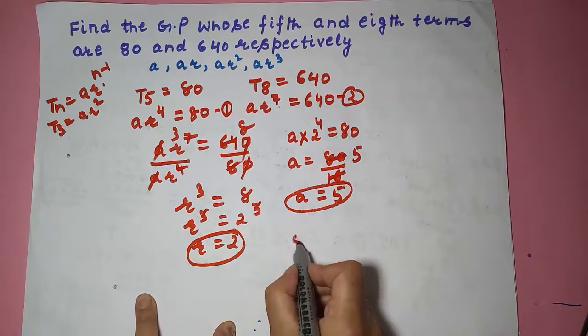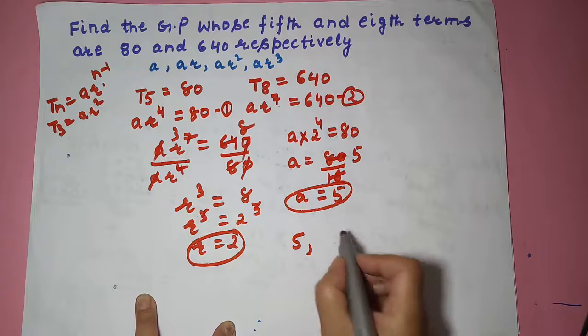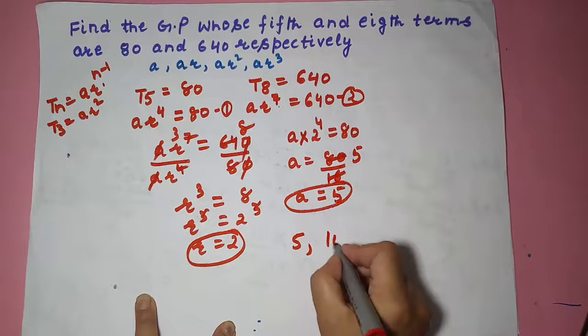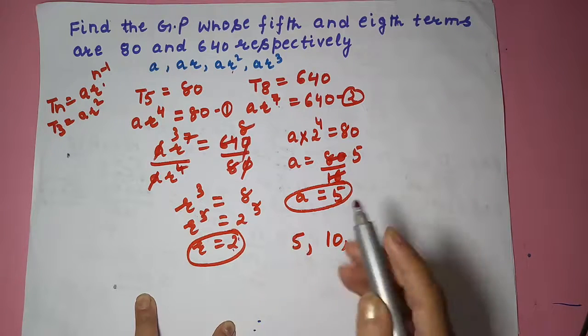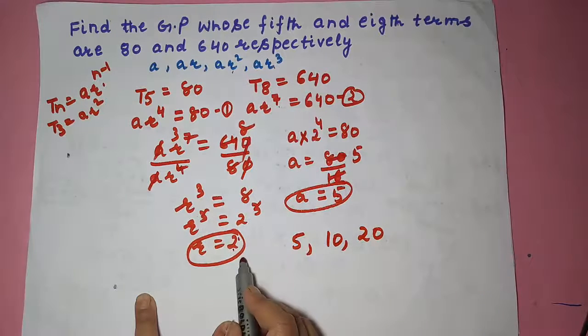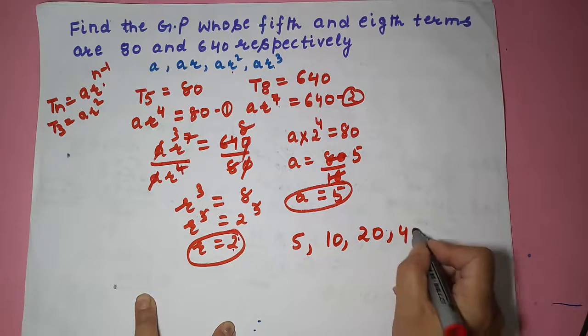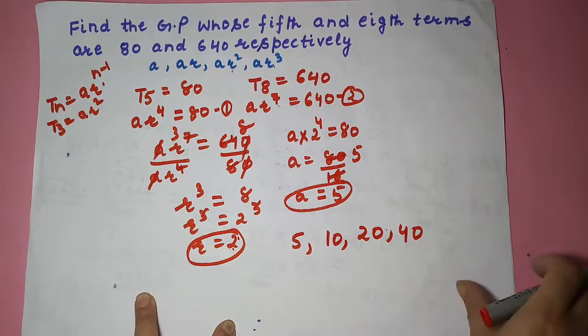First number is 5. Second is AR, that is 5 into 2, which is 10. Third is AR square, R square is 4, 4 fives are 20. AR cube, R cube is 8, 8 fives are 40. That's how you find the GP when the data is given in the question.